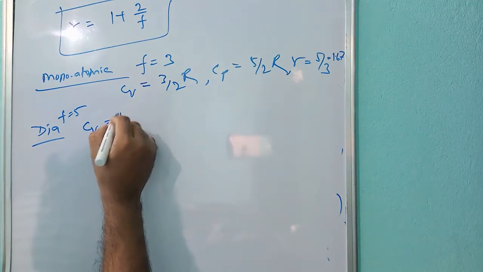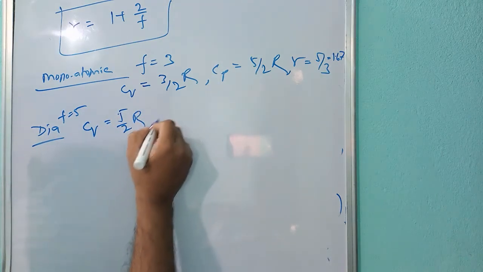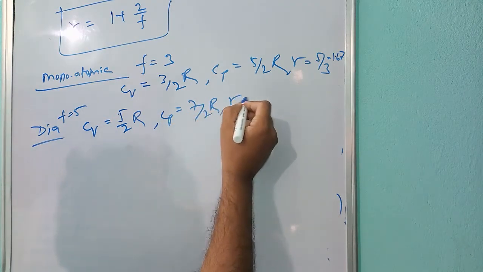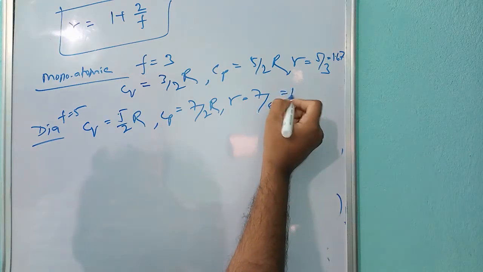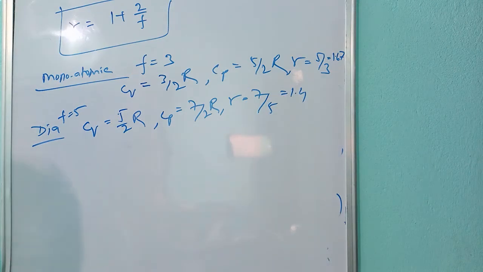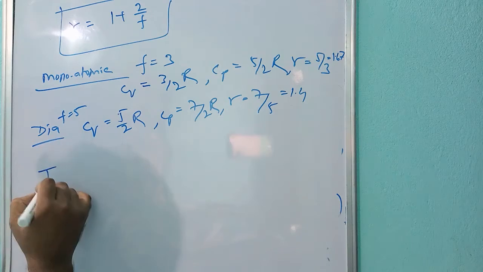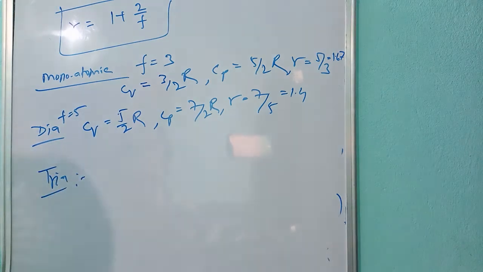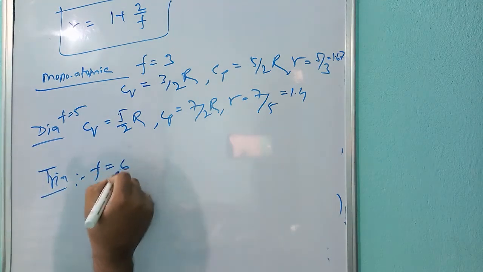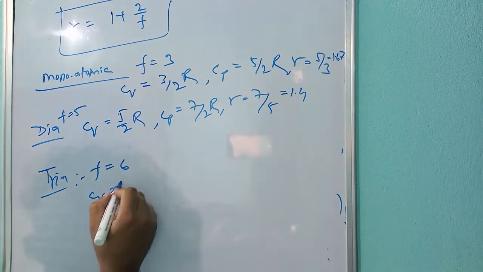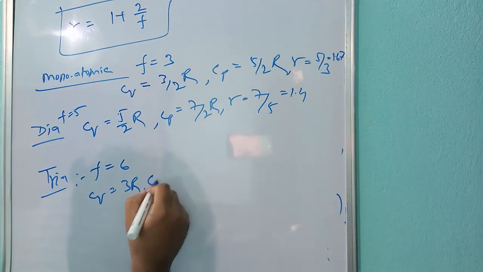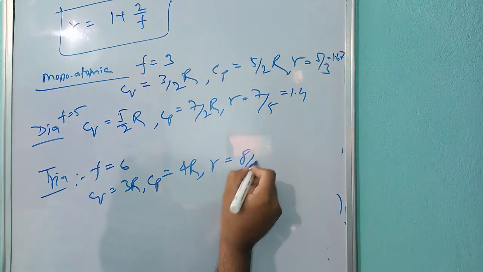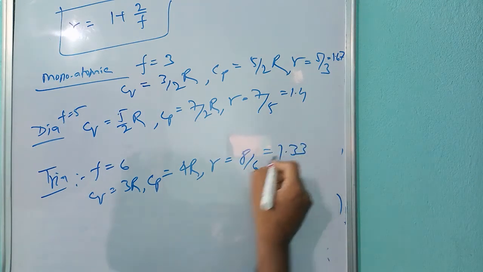Cp will be equal to 7/2 R and gamma will be equal to 7/5, which is 1.4. Similarly, in the case of triatomic, f is equal to 6. So Cv will be equal to 3R, Cp will be equal to 4R and gamma will be equal to 8/6, which is 1.33.